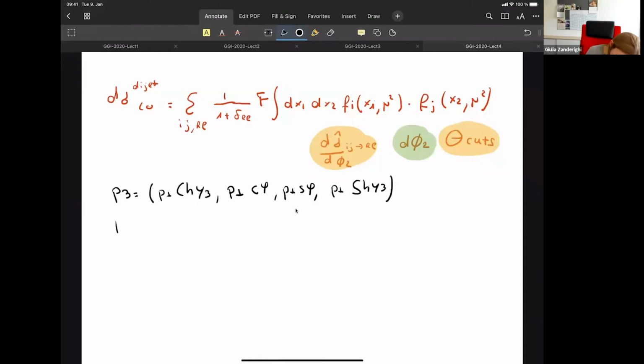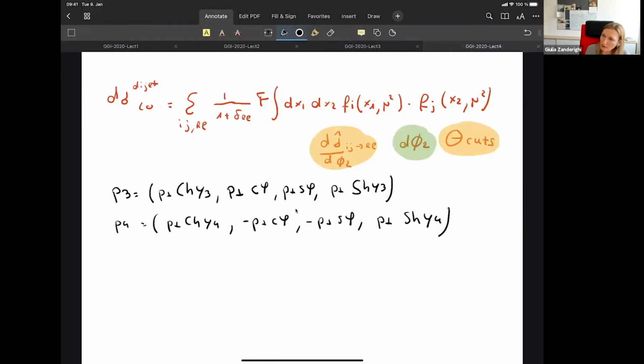And for particle 4, essentially you can write the same thing. So the pTs of these two particles will be the same because of momentum conservation. So let me write it directly using momentum conservation. They are back to back in pT, but they have different rapidities. y3 and y4 are different.